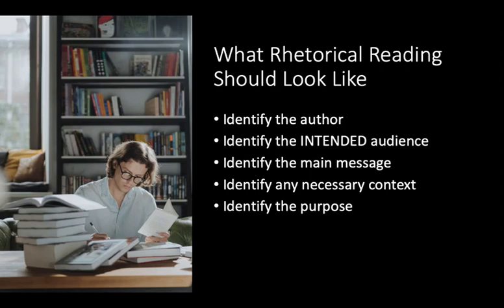And once again, thinking about how that shapes the text. By identifying the main message, you are identifying the main ideas in the passage. You should also read to identify context, not just through what you know about text, but also through the context clues it provides. And finally, you should be able to identify the purpose for which the message was originally written.